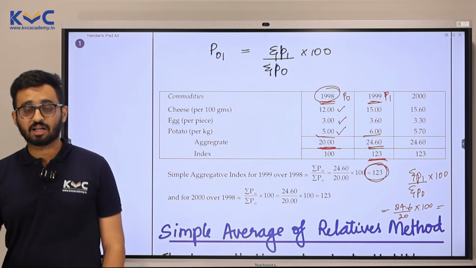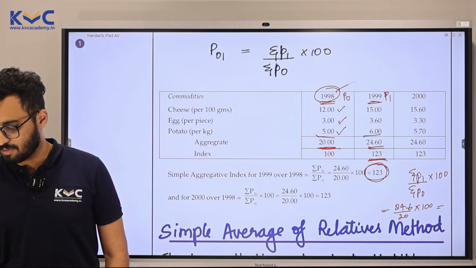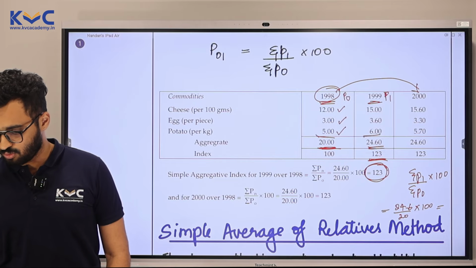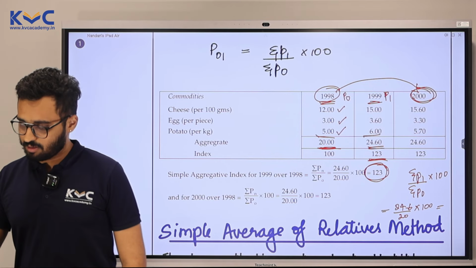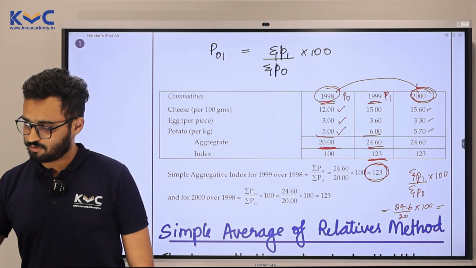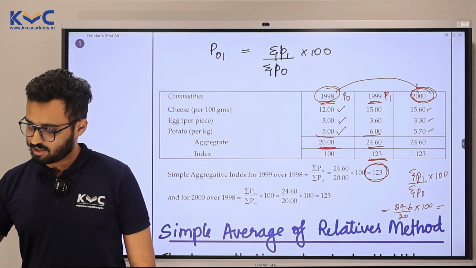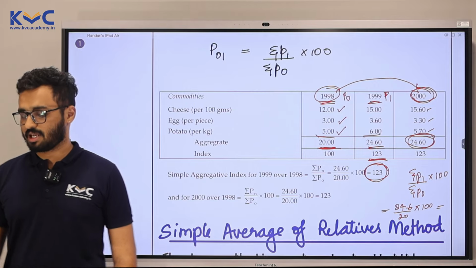123. Correct? Now, with the same data, keeping 1998 as the base, if we want to calculate the index number for 2000, it will be 15.6 plus 3.3 plus 5.7, which will be 24.6 once again.